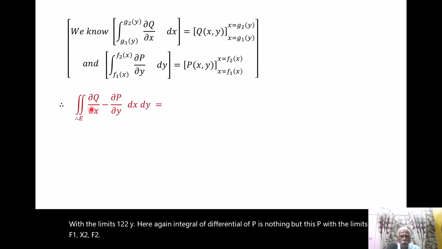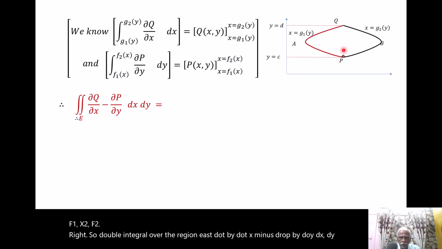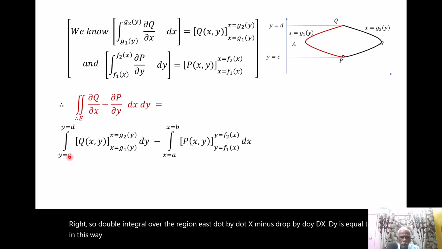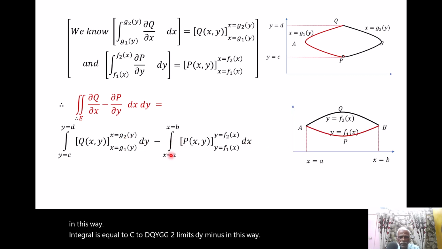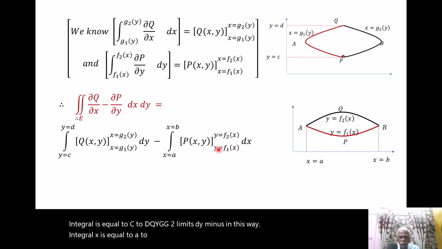Right? So double integral over the region E of dou Q by dou x minus dou P by dou y dx dy is equal to, in this way, integral y is equal to c to d, Q(x,y) with limits g1(y) to g2(y), dy, minus, in this way, integral x is equal to a to b, P(x,y) with limits f1(x) to f2(x), dx. Right?